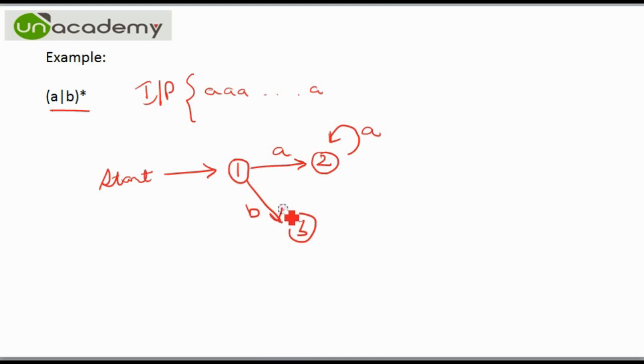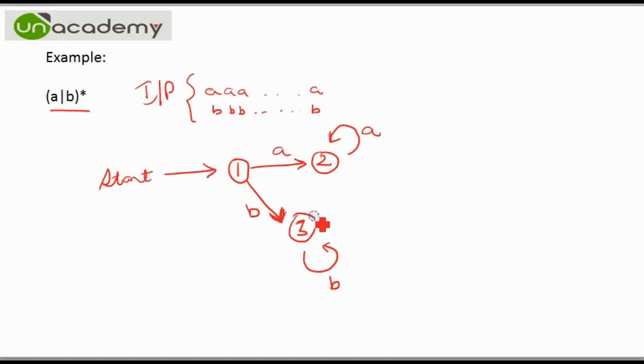And it might happen that the input B keeps on repeating in the case of this type of input. So the machine will remain at state 3.